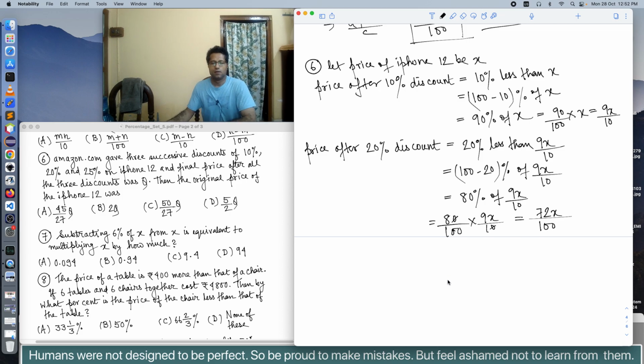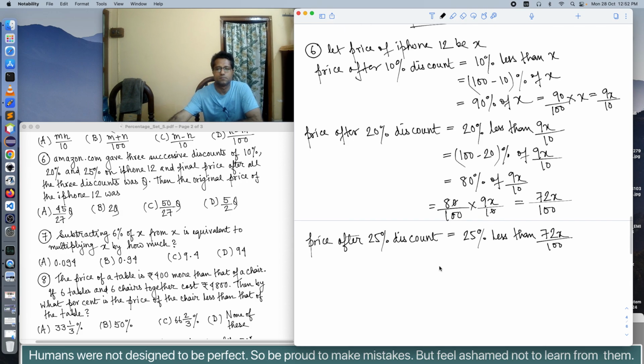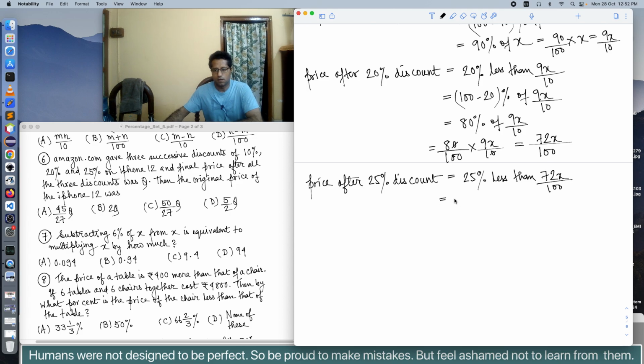72X by 100. Okay. Similarly, finally, the price after 25% discount will be 25% less than 72X by 100. 25% less means 100 minus 25% of 72X by 100.